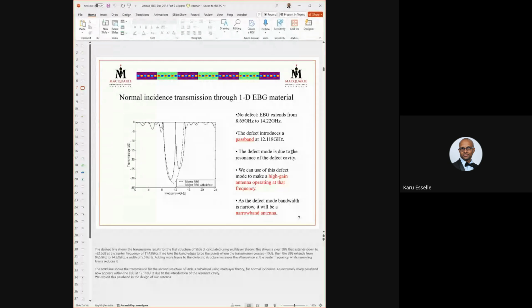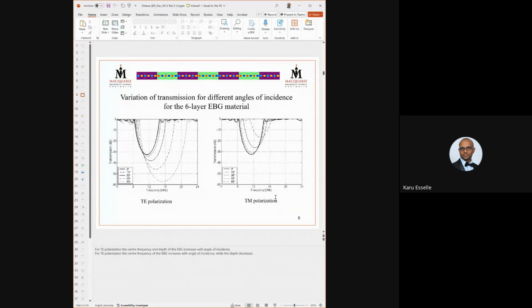We can use this defect mode to make a high gain antenna operating at that frequency. So what we have done is design the cavity size for an antenna that radiates at 12.118 gigahertz. But also you can see that this defect mode is very narrow, happening only at that frequency. If you increase or decrease the frequency a little bit, there's no defect mode. So an antenna made this way is going to be very narrow band.